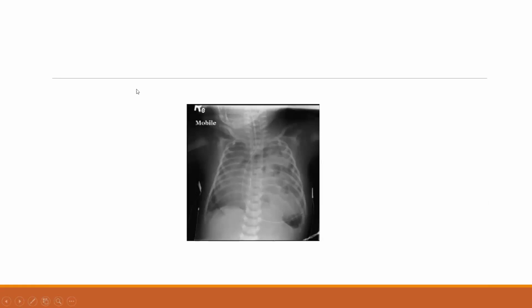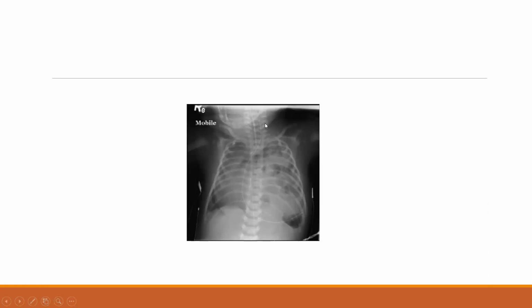So what is this? Here it is intact. Look where it is. So it is congenital diaphragmatic hernia.